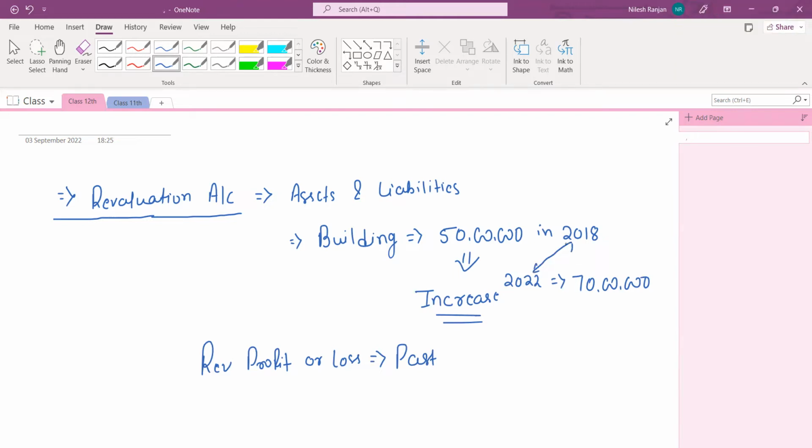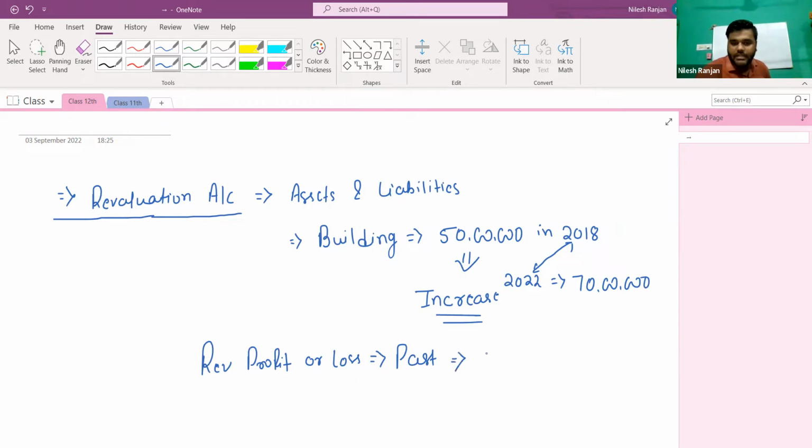Yes or no? Yes, sir. So that's why it increased. It is before 2022 that it is increased. So revaluation profit or loss is past profit. That's why it is distributed in old ratio between old partners.